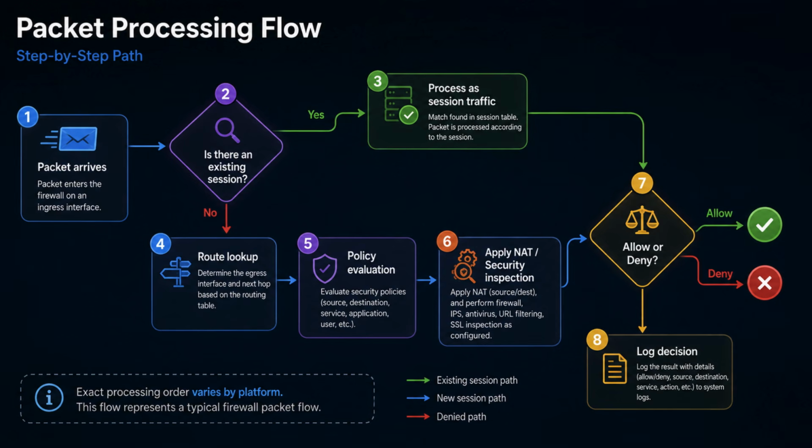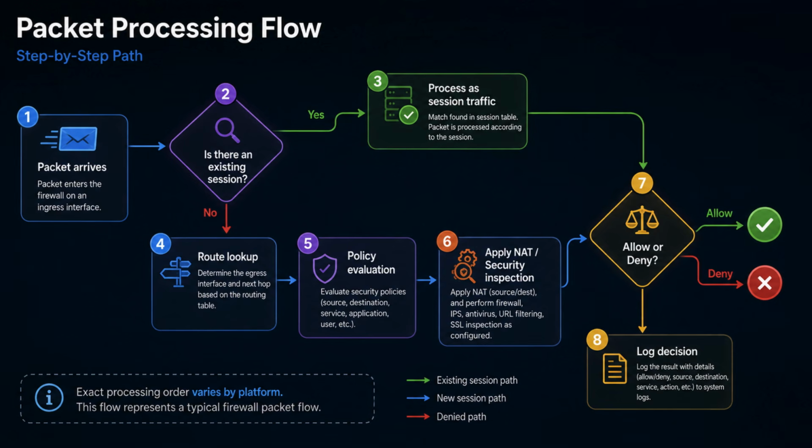First, traffic arrives at the firewall. The firewall checks whether the traffic belongs to an existing session. If it does, the firewall can process it as part of that established conversation. If it is a new connection, the firewall performs the required forwarding and policy checks.